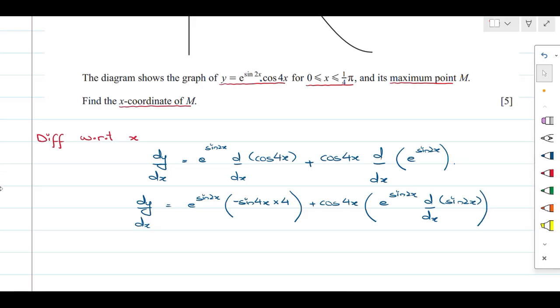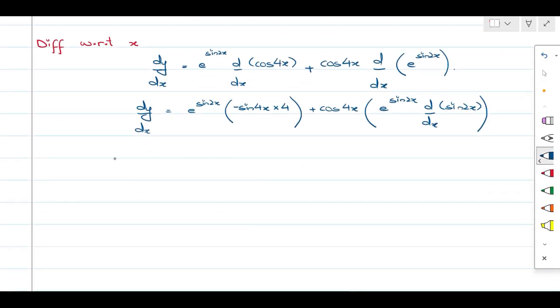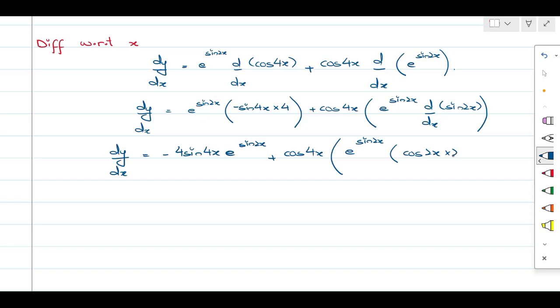The derivative of the exponential is e to the power sine 2x, d by dx of sine 2x. Let's do one more step. Dy over dx is equal to negative 4 sine 4x into e to the power sine 2x, plus cos 4x into e to the power sine 2x as it is, and the derivative of sine is cos 2x, and the derivative of 2x is 2.